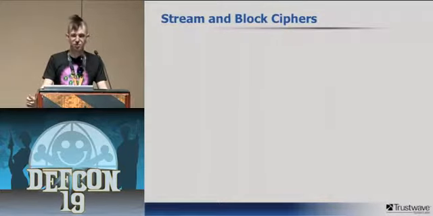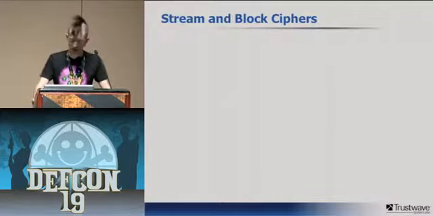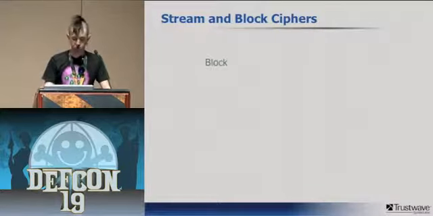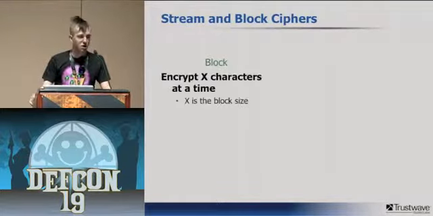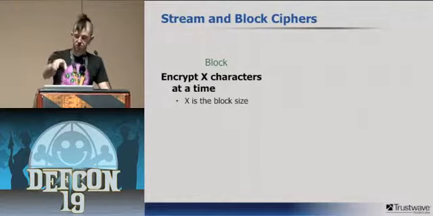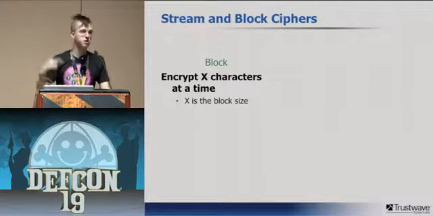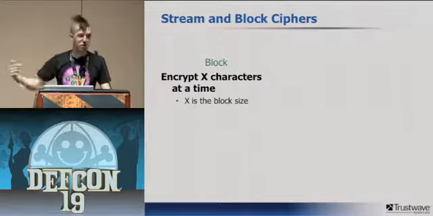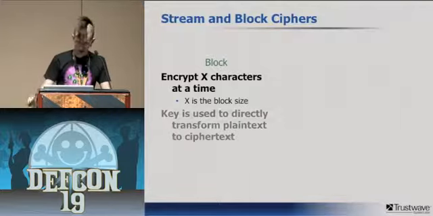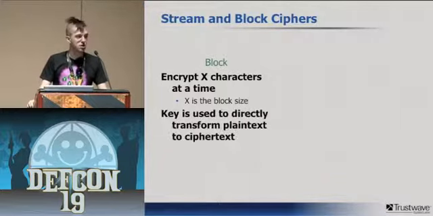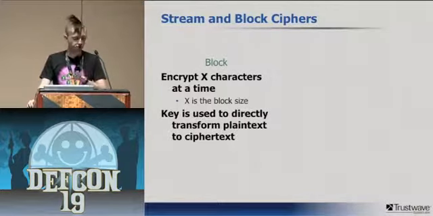Now, if there are any cryptographers out there, maybe there's something else that I'm unaware of, and I apologize about that. But as for stream and block ciphers, with a block cipher, you take the message in chunks and encrypt each of them one by one. So the key is used directly to transform the plaintext into the ciphertext.